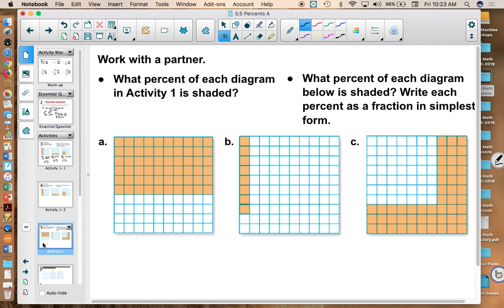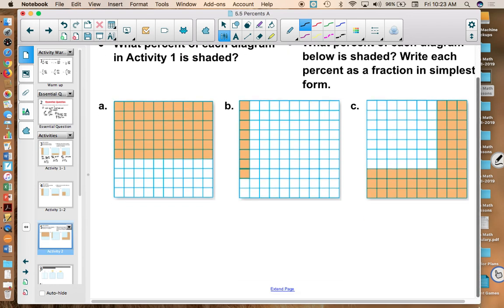First of all, you got to figure out the percent. So what is the percentage of A? What'd you say? 60? Because there are 60 shaded squares, right? Now, if I write that as a fraction, but it's got to be in simplest form.